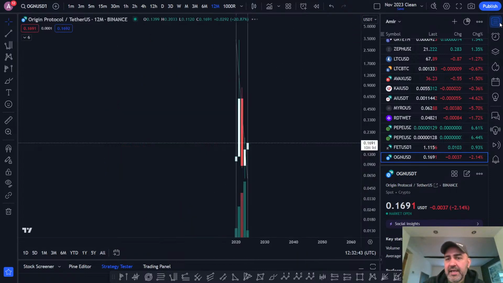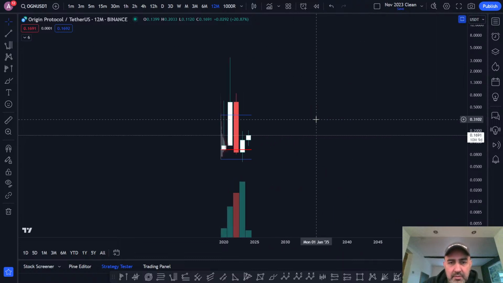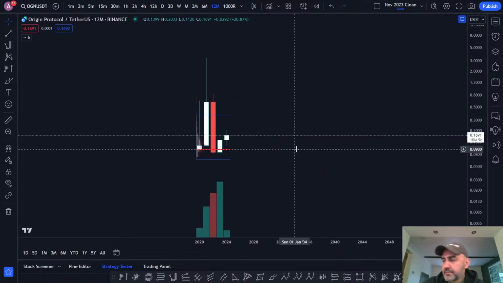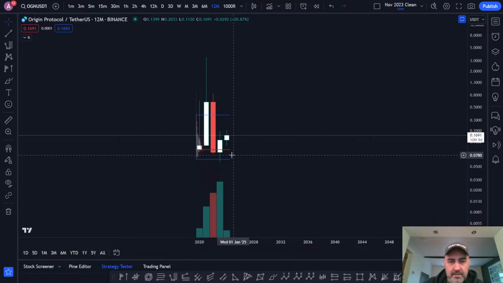And look at the yearly candles. Nice volume last year, increasing volume, green candle, take the lows.